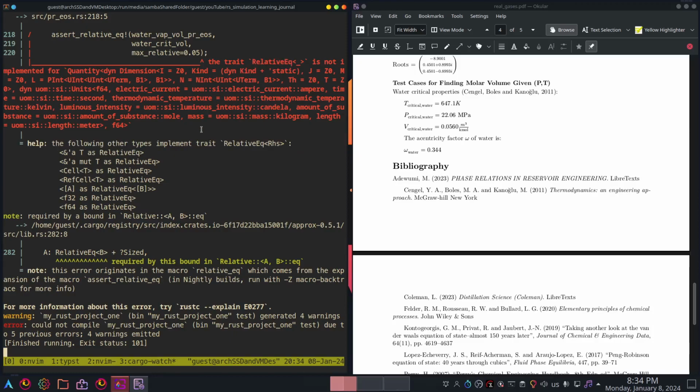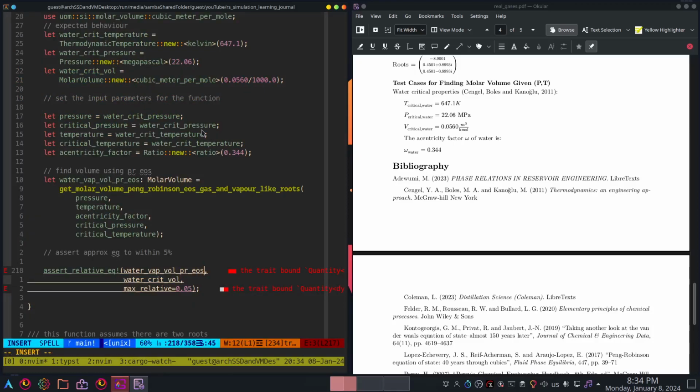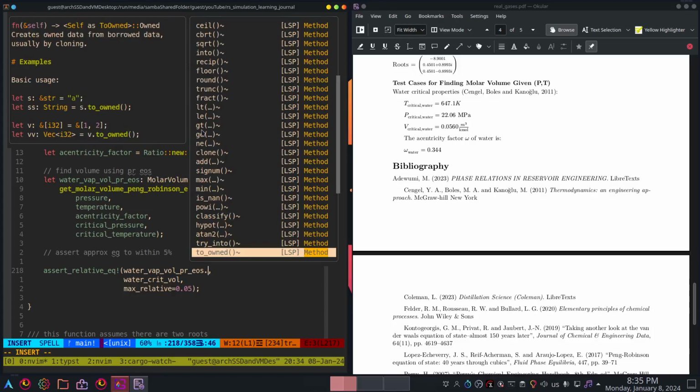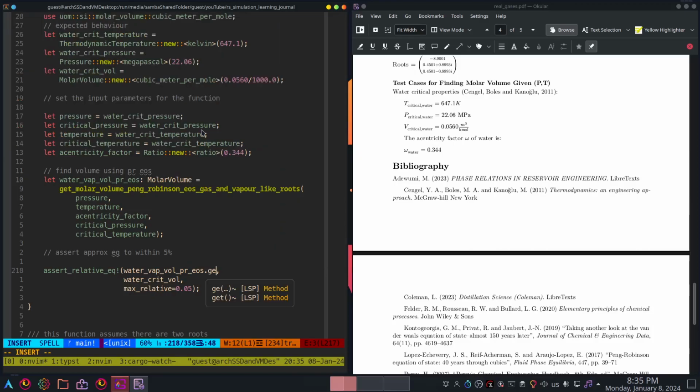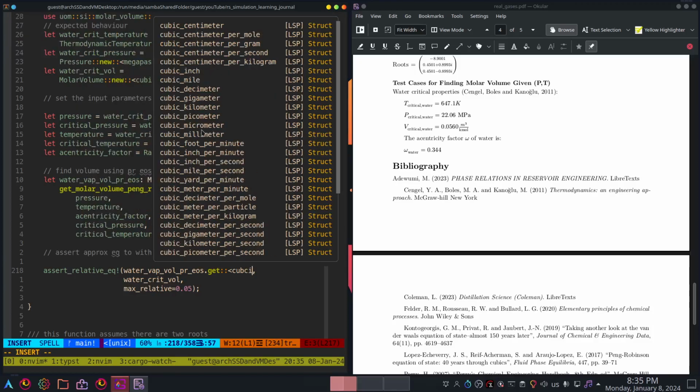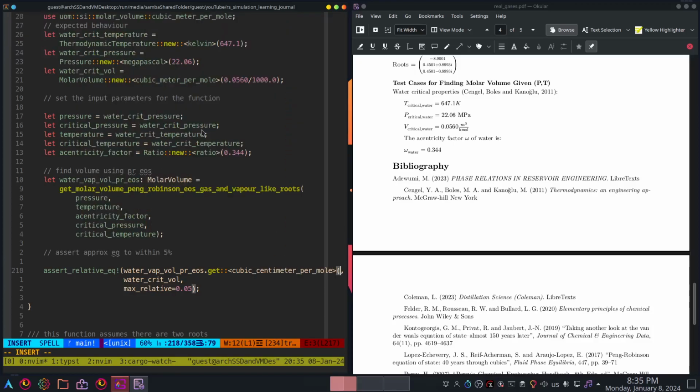So basically I'll need to use the get method and convert both of these into a float 64 type. I need to supply the units, cubic meter per mole, and that will do it.